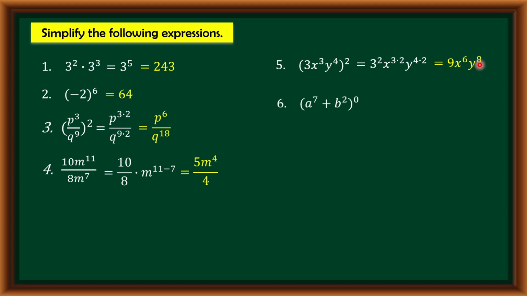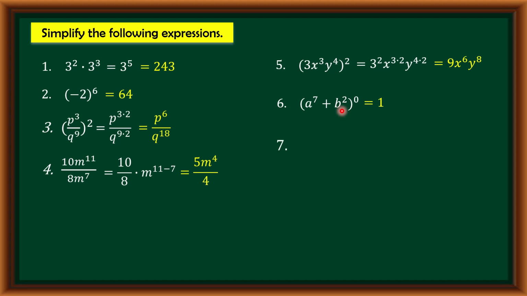Number 6, try. Quantity a raised to 7 plus b squared, raised to 0. Yes, this one is equal to 1 since the exponent 0 is intended for the expressions inside the parentheses.